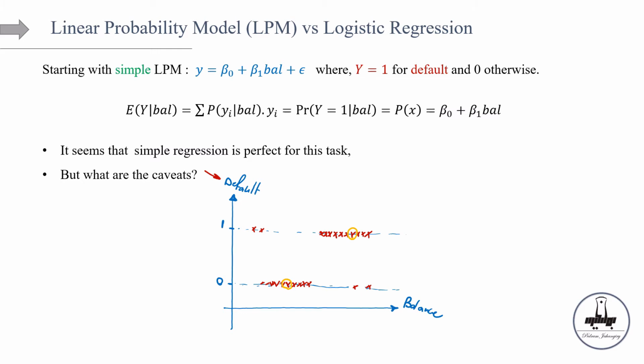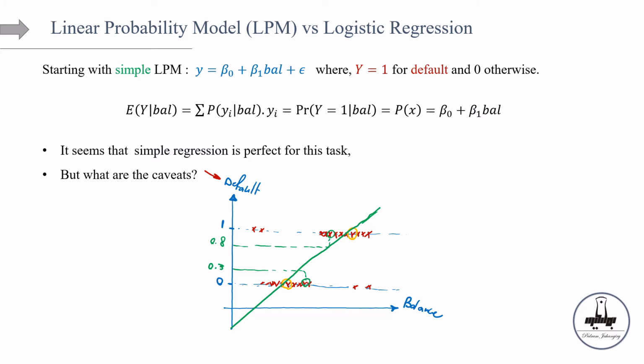So if I use a simple regression model, if I use OLS, it's going to give me something like this, right? And then I can say, okay, for example, for this individual, the probability of default is 80%. Using simple regression, right? For this individual, the probability of default is 30%. So it seems that simple regression is a perfect fit for this job, right?